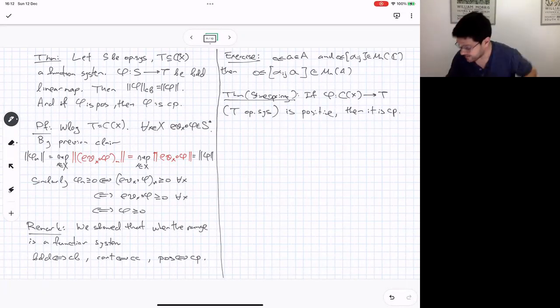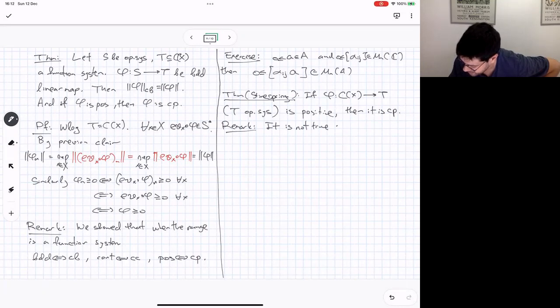Okay, so maybe a remark before I prove the theorem. It is not true for function systems that are not C-star algebras in the domain.